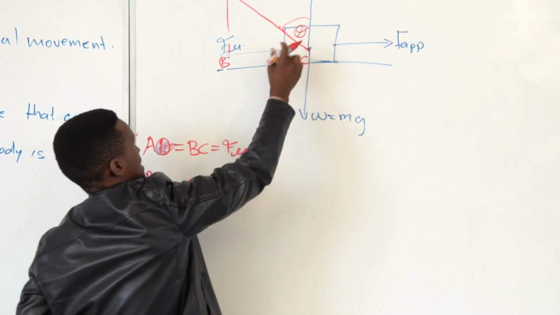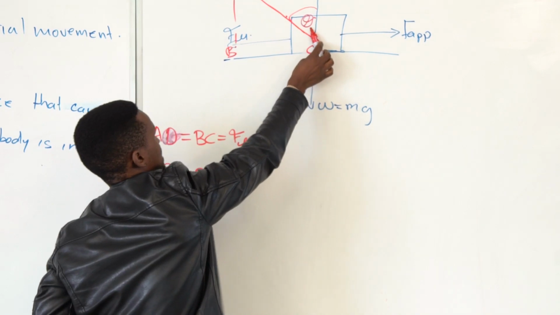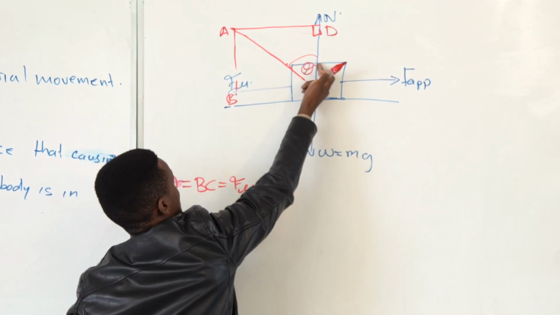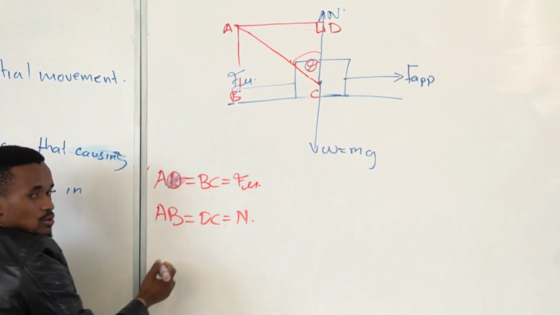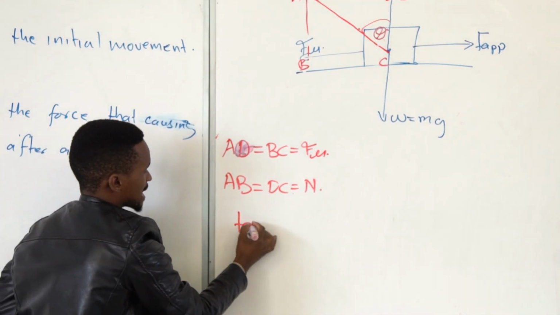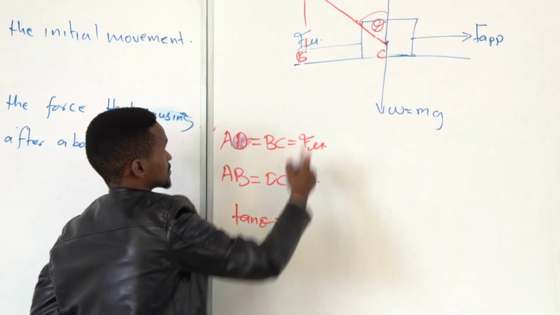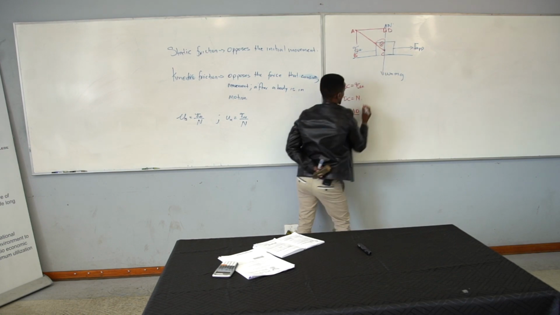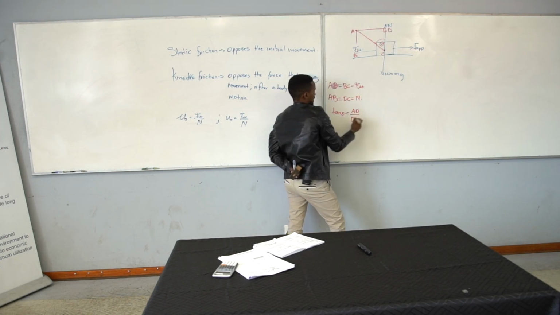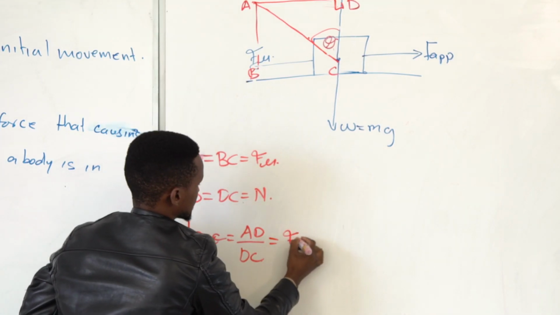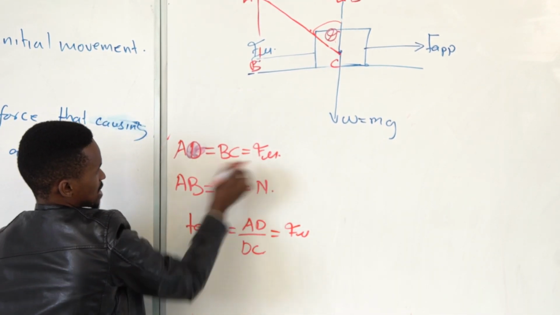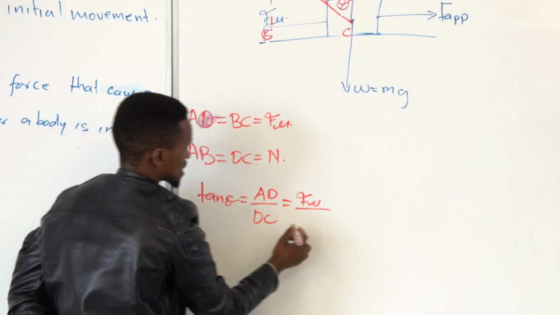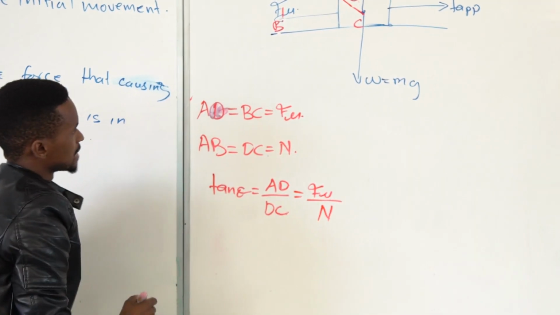Now, we want to calculate this angle. In this case, we can see that this side AD is opposite to the angle, and this is adjacent to the angle. So we're going to use tan theta, meaning tan theta is equal to AD divided by the adjacent, DC. AD is equal to the frictional force, and DC is equal to the normal force.